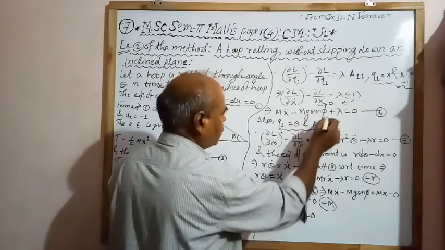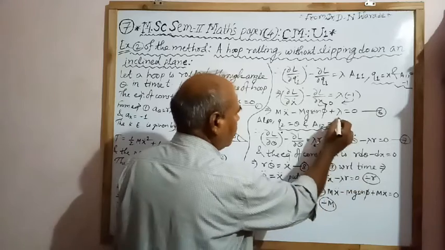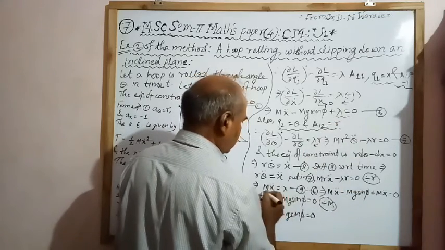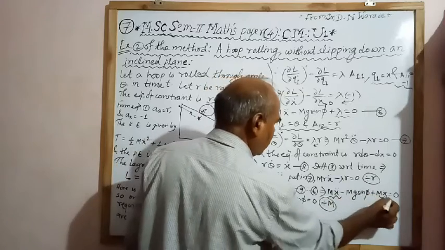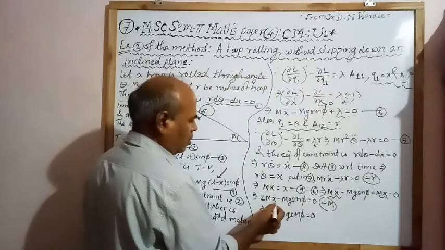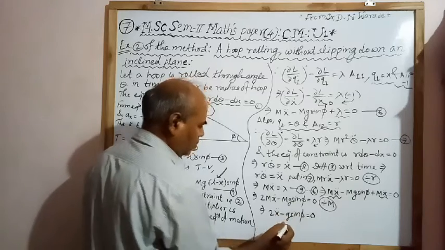Now from equation 6, we have m x double dot minus mg sin phi plus the value of lambda, which is m x double dot. Therefore we have 2 m x double dot minus mg sin phi equal to 0. Dividing by m, we have this.